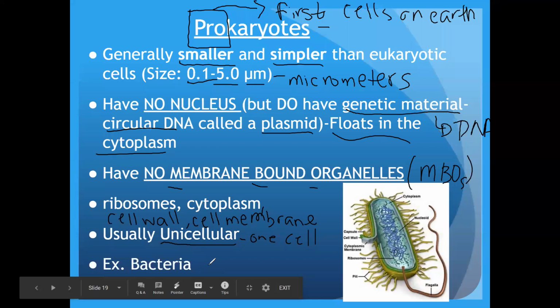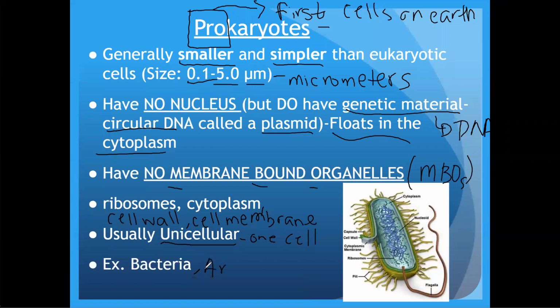And some examples of prokaryotes are things like bacteria and even archaea. Bacteria and archaea are examples of prokaryotes. So bacteria have been here for a while, or are theorized to have been here for a while.